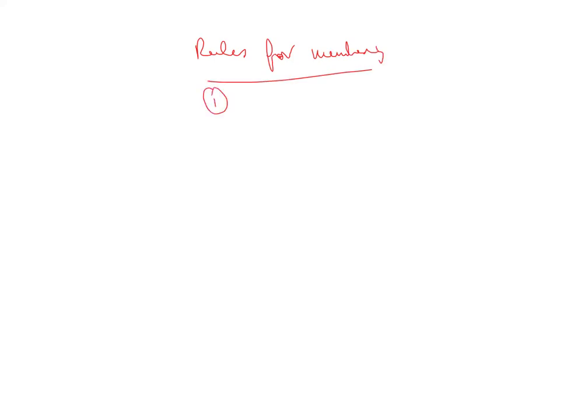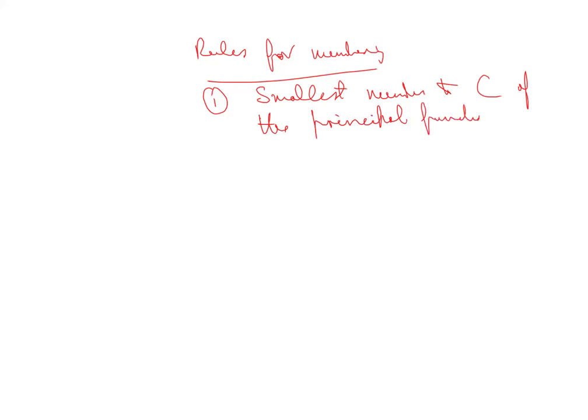You have to follow this order. Smallest number to the C of the principal functional group.